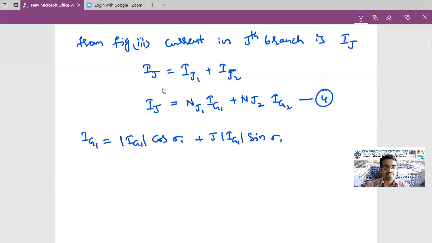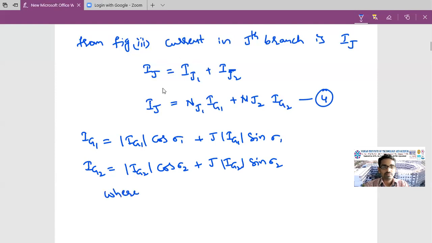The same for Ig2: magnitude of Ig2 cos sigma 2 plus j magnitude of Ig2 sine sigma 2, where sigma 1 and sigma 2 are phase angles with respect to the common reference.